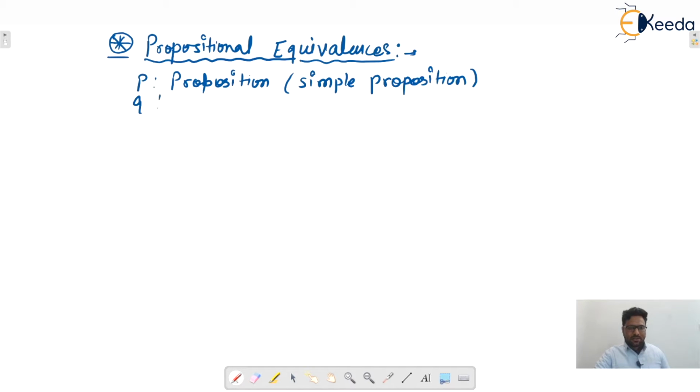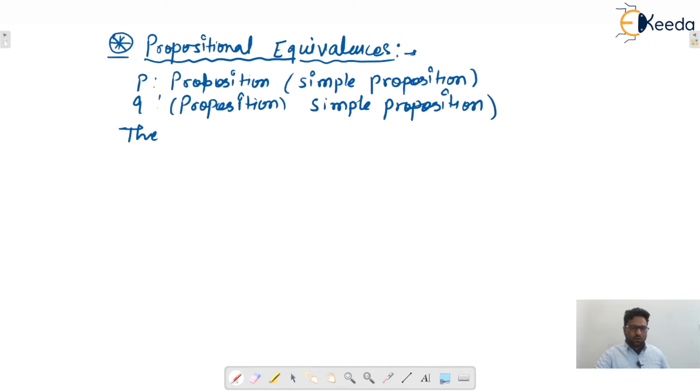Also, let us consider one more proposition, Q. This one is also a simple proposition. Simple means no connectives are included. Then let's say we use one connective, logical or. Then this is a compound proposition.